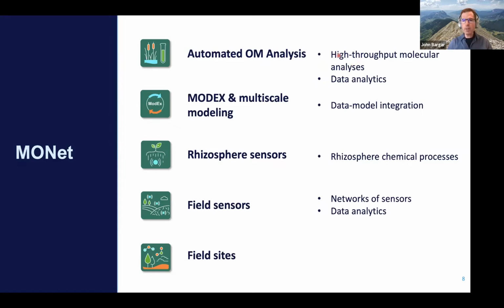And this is what's driving the need for the high throughput, both the workflows handling the samples in the lab as well as the molecular analysis. So by doing all this, the automated organic analysis program is going to provide really rich metadata as well as this high resolution organic molecular data, metabolomic, genomic, physical data, et cetera. Maggie Bowman is going to talk about this in just a minute.